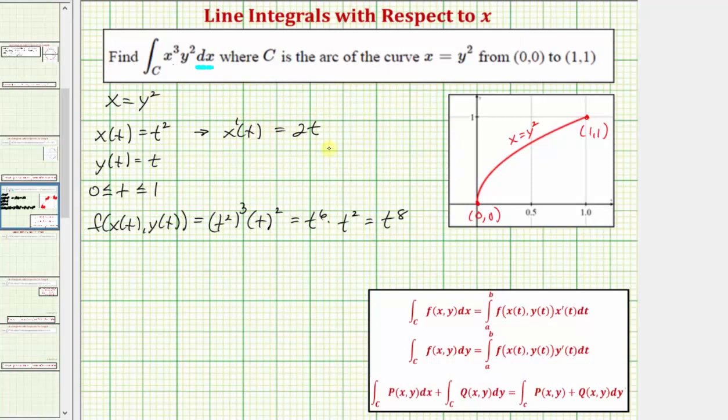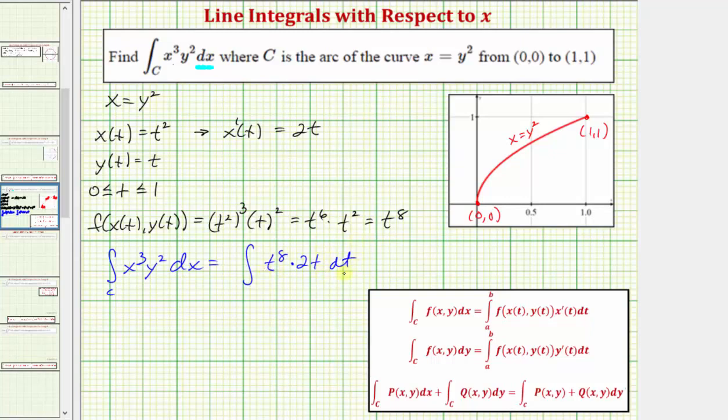And now we have all the information we need in order to evaluate the given line integral. The given line integral of x cubed y squared along the curve C integrated with respect to x is equal to the integral of f of x of t, y of t, which is t to the eighth, times x prime of t dt, which would be 2t dt.